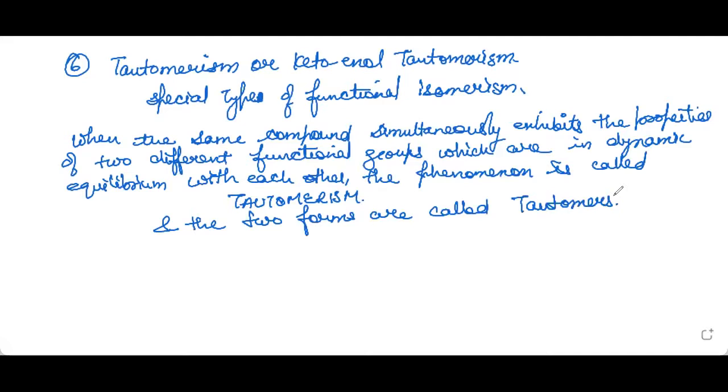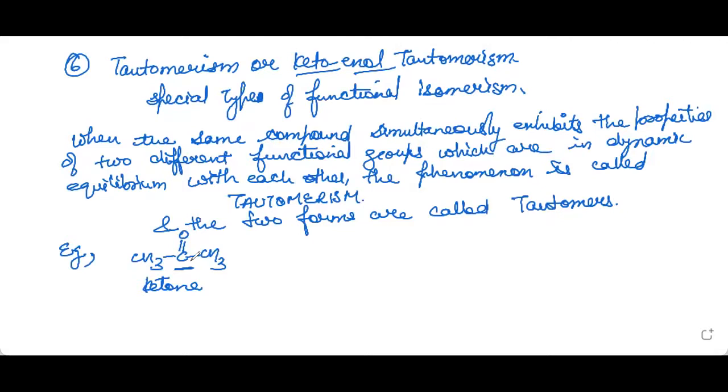So I will be going a bit slow in this video so that you can absorb the concept deeply. Okay, so it is keto-enol tautomerism. Keto means ketonic group. Enol, I will tell you why we call it enol. Now let us move into an example. If we consider propanone, this is a ketone and it has a keto group.